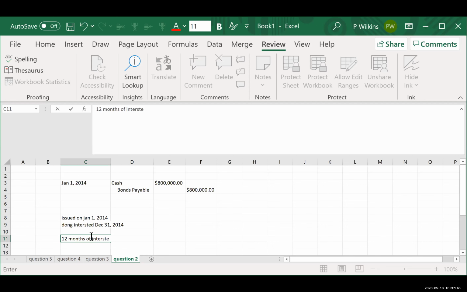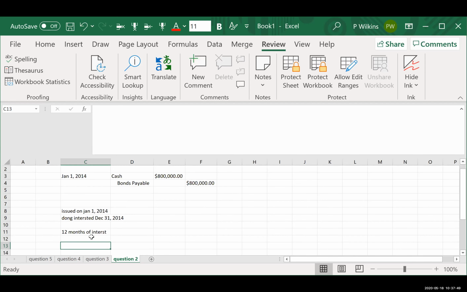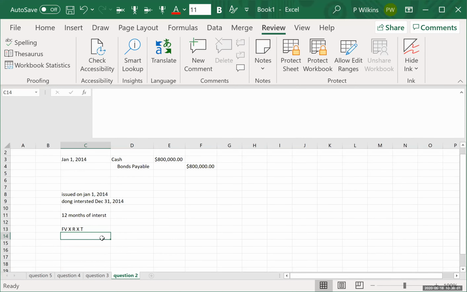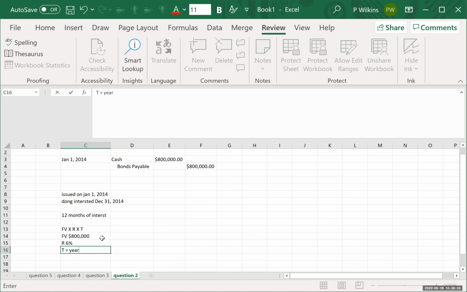Okay, so our formula becomes face value times rate times time, right? You guys remember that? Face value times rate times time. So in this case, the face value is 800,000, the rate is 6%, and the time is, they said it was a something-year bond.